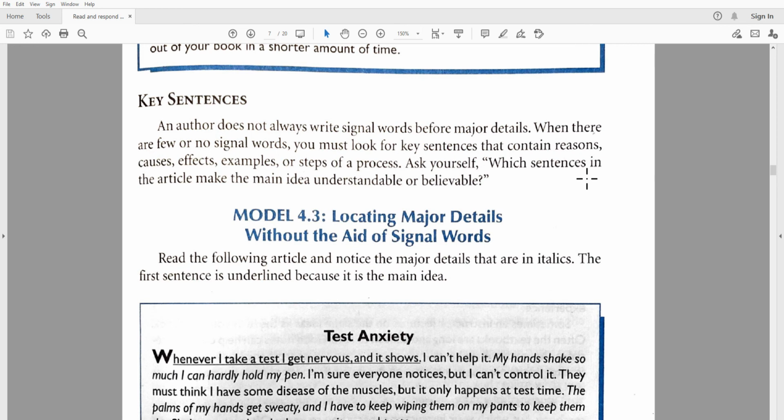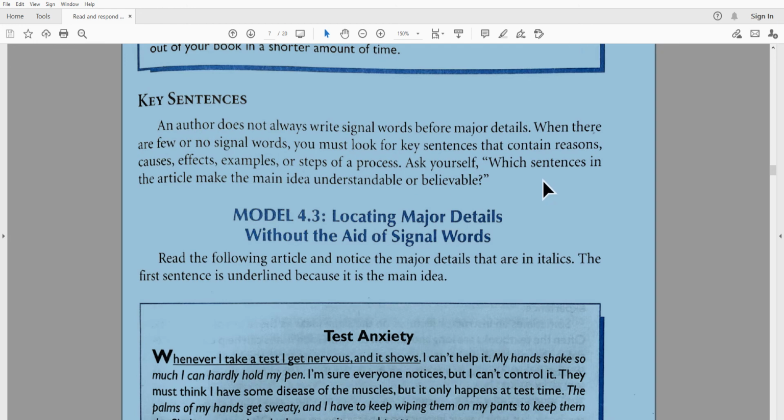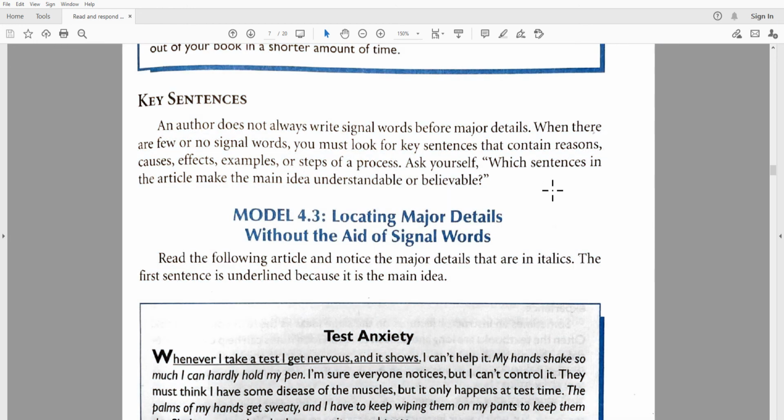And so this is what we're looking for with our key sentences as we're going through an article carefully, looking to see how an author supports the main idea. Key sentences contain reasons, causes, effects, examples, and or steps of a process. But mostly what key sentences do is they make the main idea more understandable and believable.